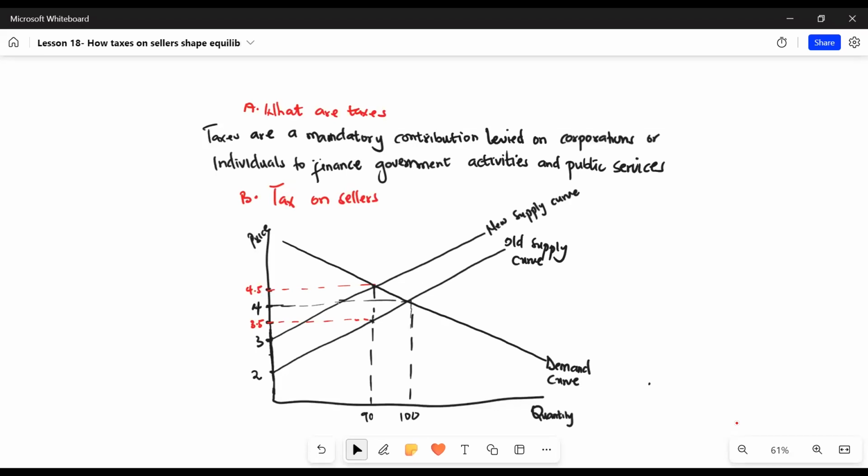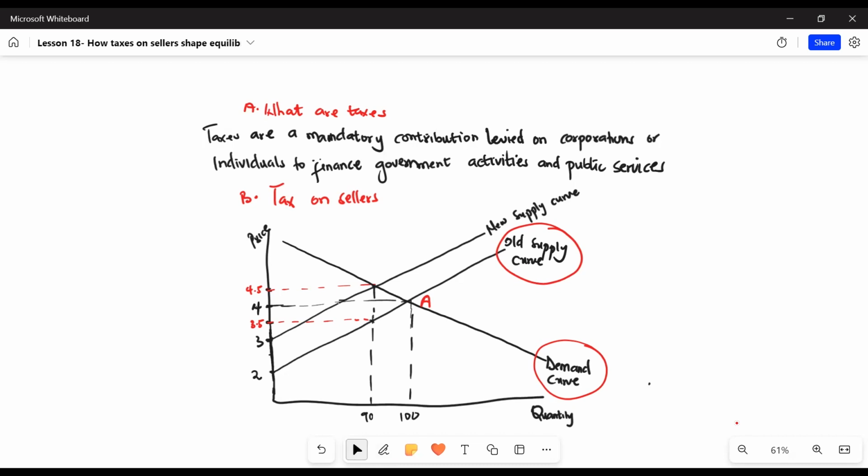Before the government ever steps in to implement any tax, equilibrium occurs where the supply curve and the demand curve intersect, and in this example, it occurs at point A. So this is our old supply curve and our demand curve before any tax was put on sellers.